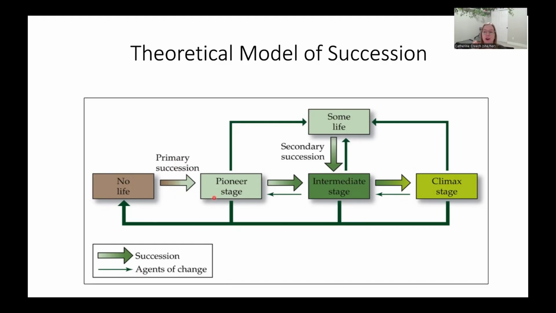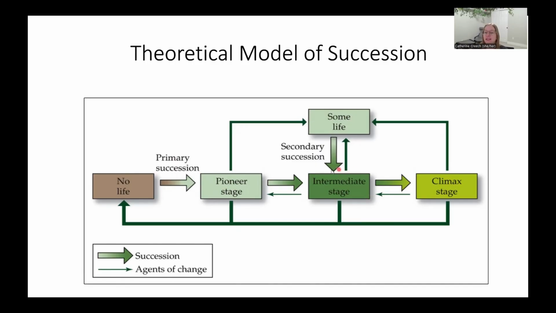Pioneer species are lichen, mosses, little tiny fungi. They're things that can live on bare rock, not really much else can. So those are our pioneer species. Those pioneer species will move in, they'll start eating the bare rock, they'll break the bare rock down, they'll start to create soil.